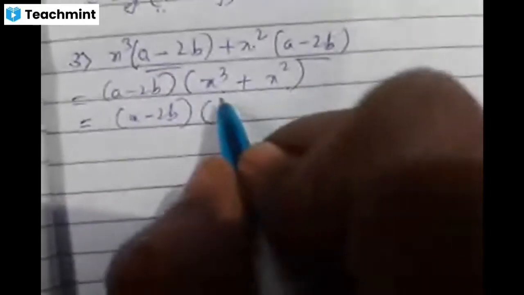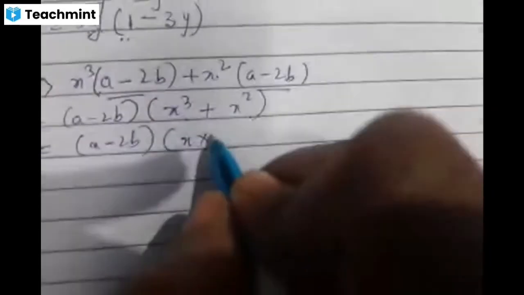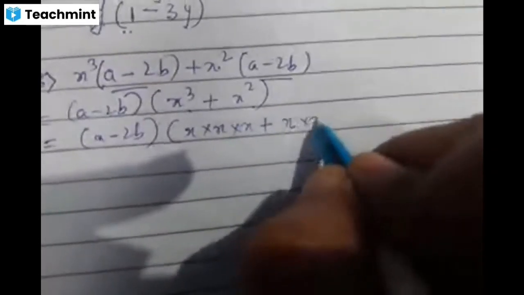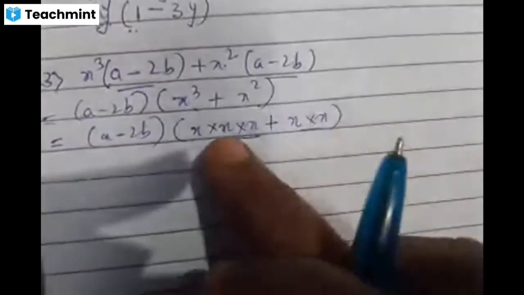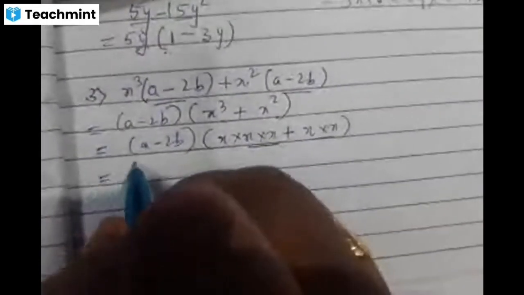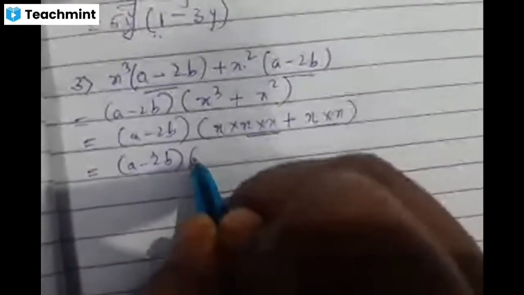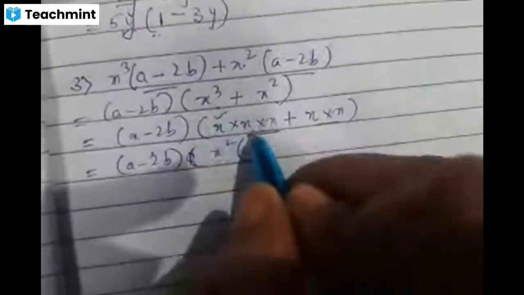But in this binomial, we have what? X square common. You may ask me how, miss? Because x cube will have how many x, children? X into x into x. X square will have x into x. Now how many x are common here? X square and x square is common. So a minus 2b, and then x square is kept outside.